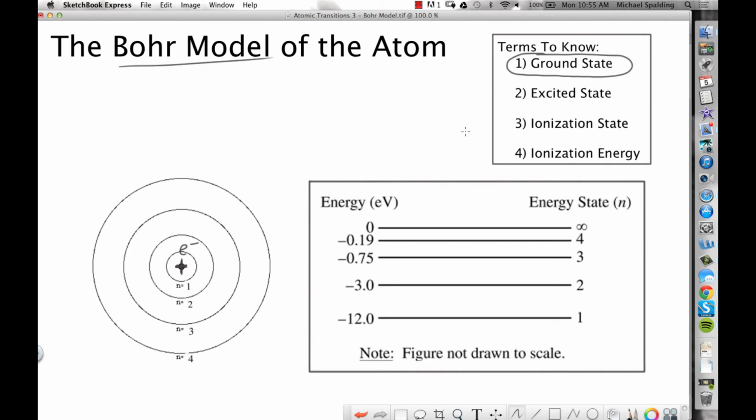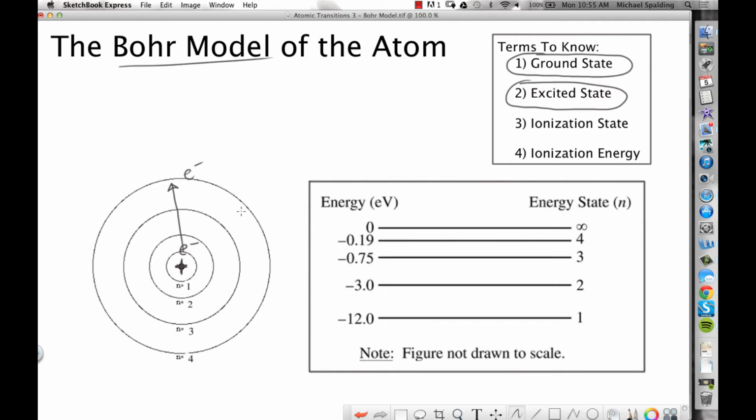Now, is it possible to take that electron that's in the ground state and move it to a higher energy level? Yes. And what do we call it if the electron is not as close to the nucleus as possible? That's called the excited state. And look, is there only one excited state?